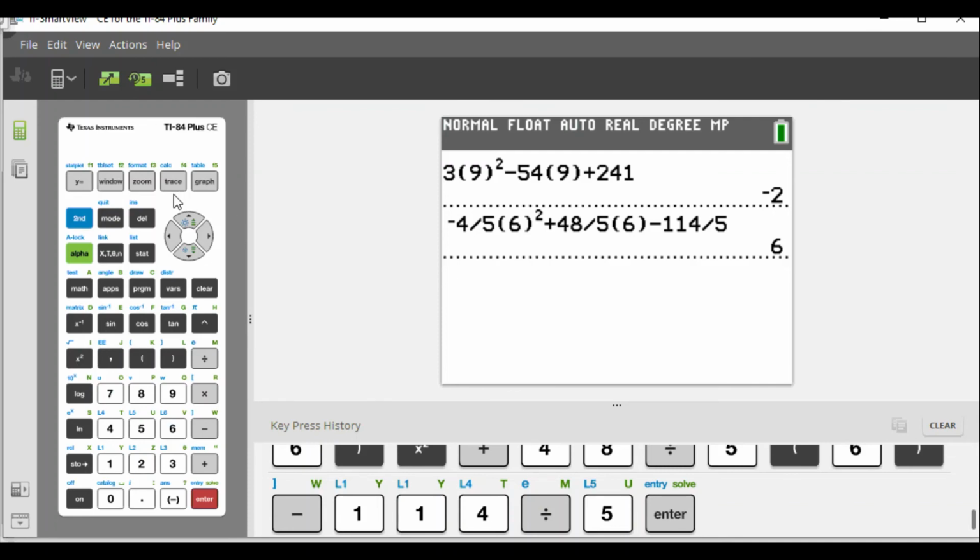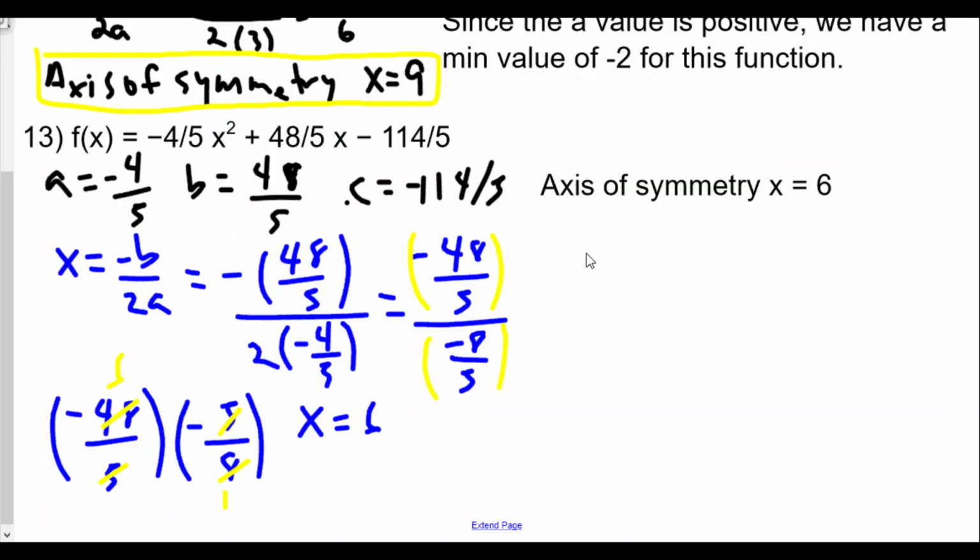Okay, and therefore, I'll write this down since my handwriting on the computer is a little bit wonky. f of 6 was equal to 6. Now, what does that mean?